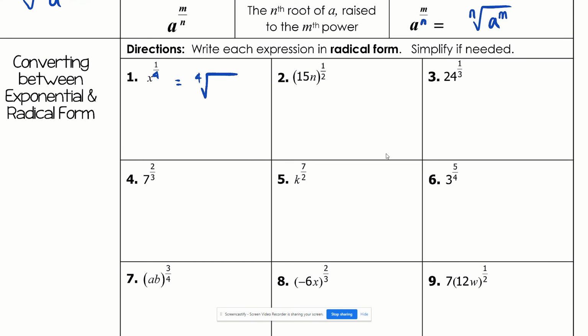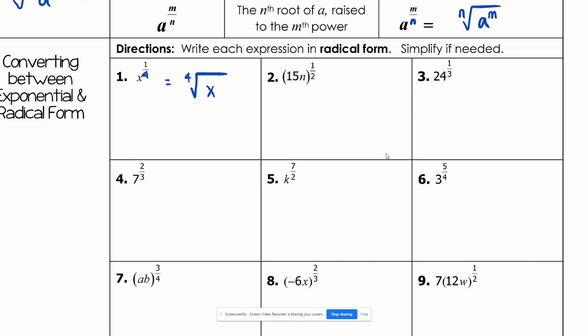This is the 4th root of. The base is the radicand. And it's raised to what power? The 1st. If I wanted to put that 1, I could, but I don't need it. So another way of writing x to the 1/4 power as a radical is the 4th root of x. And that's really all there is to this.